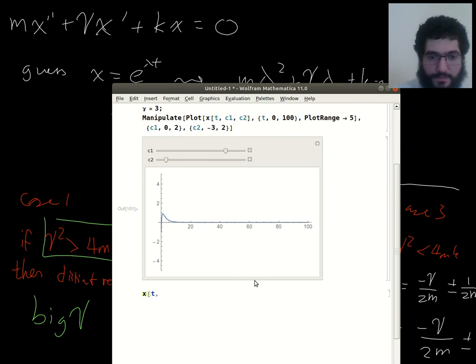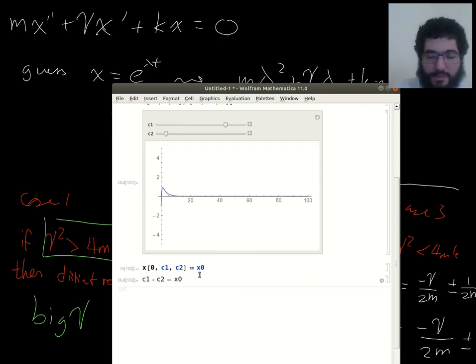Okay, so how are C1 and C2 related to the initial position, let's say x naught, and the initial velocity, which would be the derivative of, well, let's figure that out in a moment.